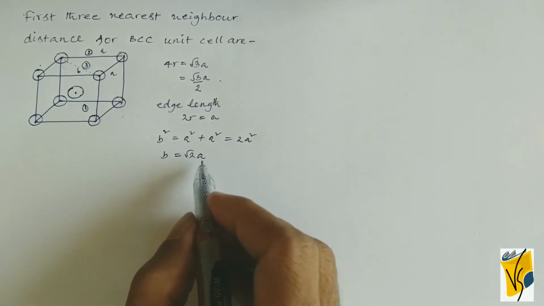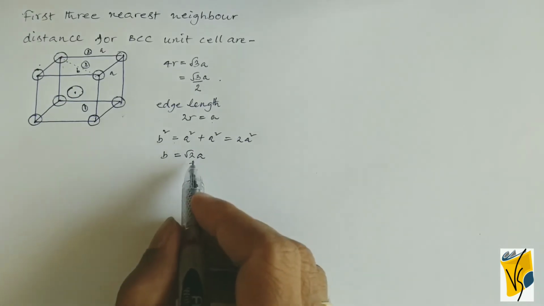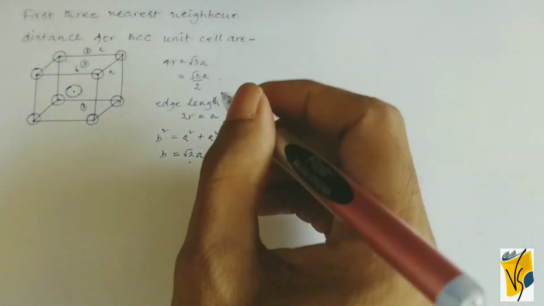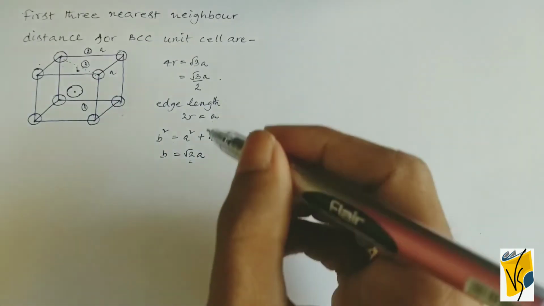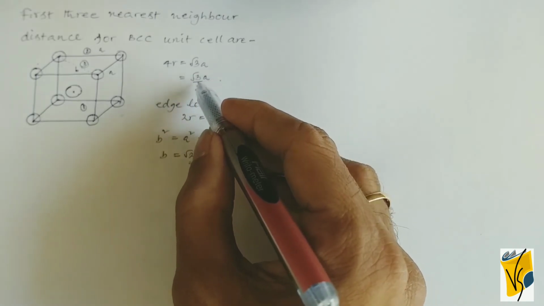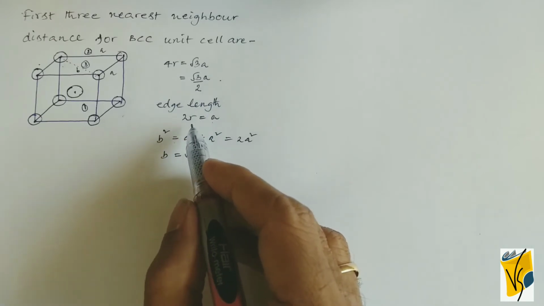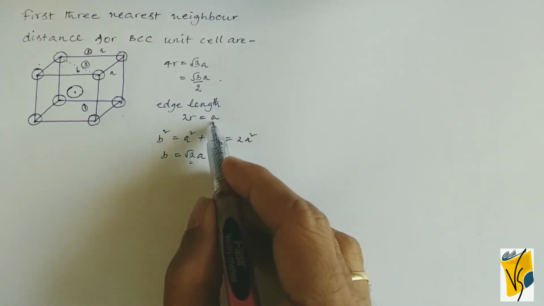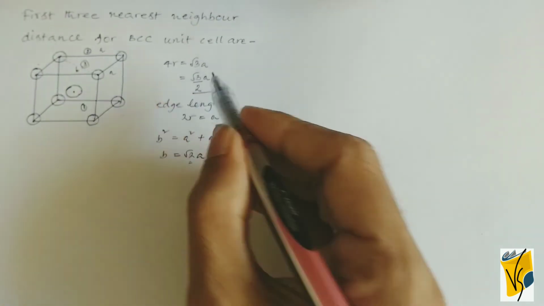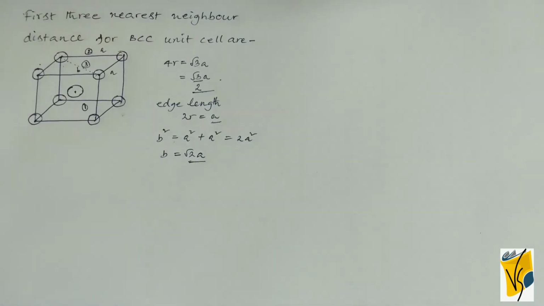So it is the distance between third nearest neighbors. Now what is the answer? First nearest neighbors are present at a distance of root 3 by 2a. Second nearest neighbors are present at a distance of a, and third nearest neighbors are present at a distance of root 2a.